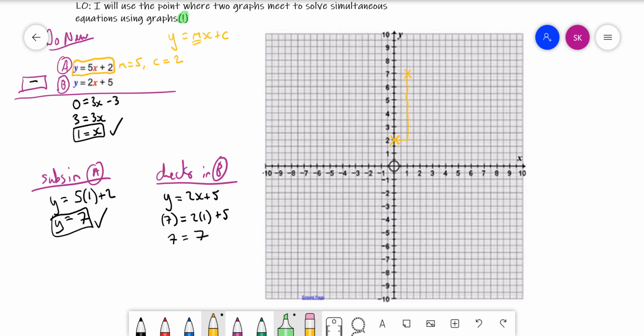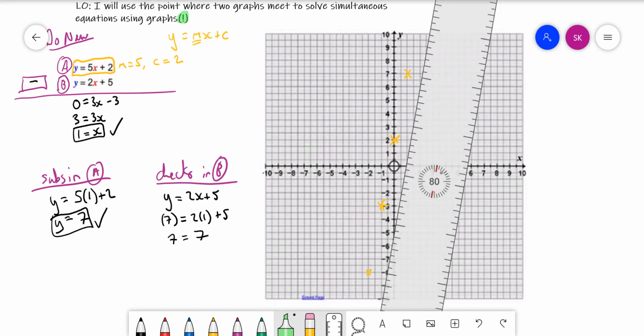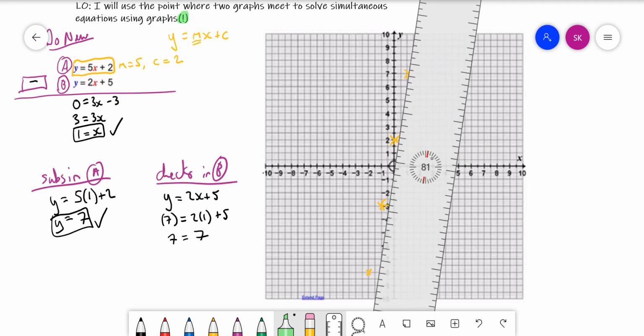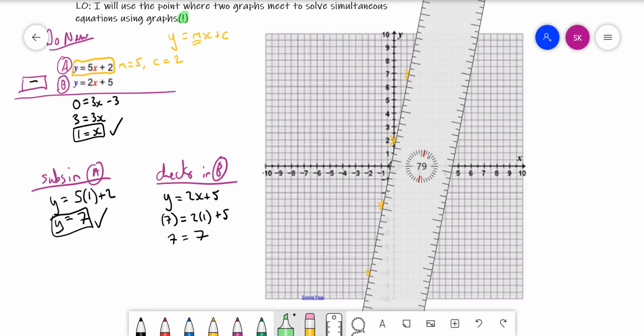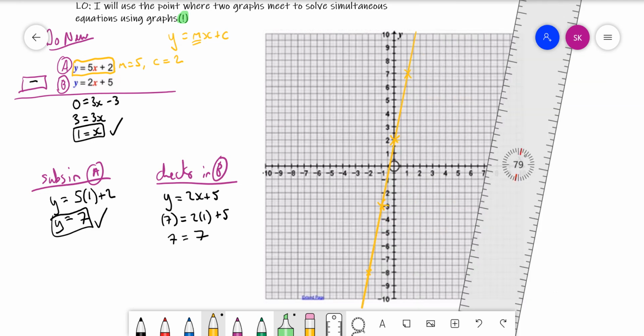Following this same pattern, 1, 2, 3, 4, 5, and that's another point there. Now I'm going to keep going down to -8 and there. These are the points that I'm going to join together to draw my graph. Get my ruler out, draw a nice clear line.